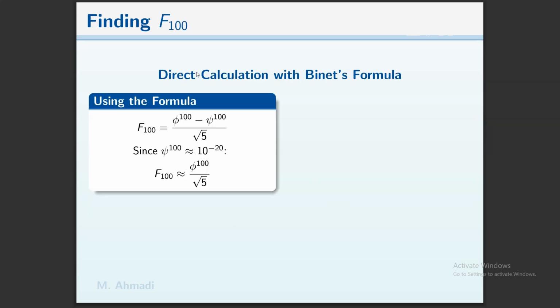To find F100, we can use direct calculation with the Binet formula. F100 equals phi to the 100 minus psi to the 100 over square root of 5. Psi to the 100 is approximately 10 to the minus 20, so F100 approximately equals phi to the 100 over square root of 5.